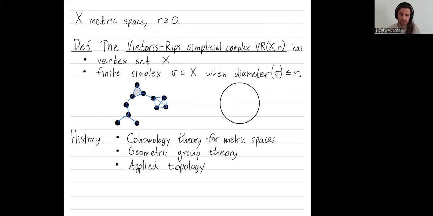So whenever I have all 3 edges of a triangle, I fill it in. Whenever I have all 6 edges of a tetrahedron, I glue it in, etc. So there's our Vietoris-Rips simplicial complex for that particular metric space and for this choice of scale, 1 inch. You'll notice as I increase the scale, I get more simplices.